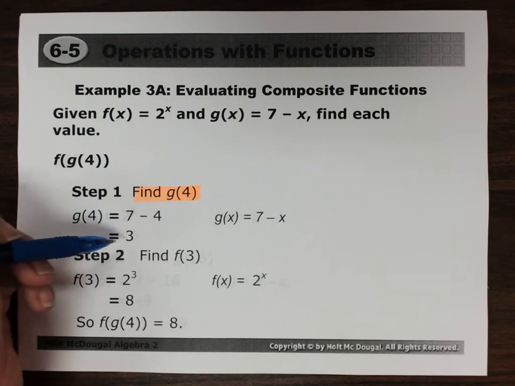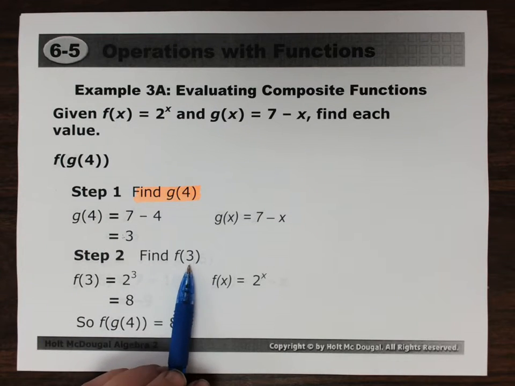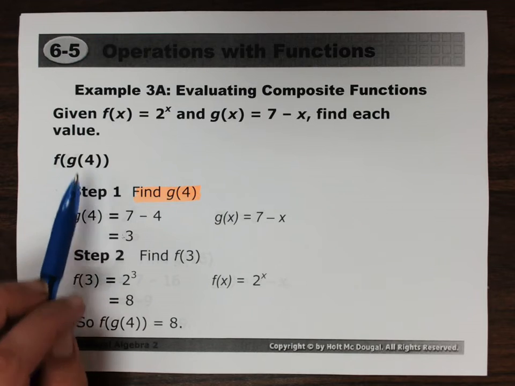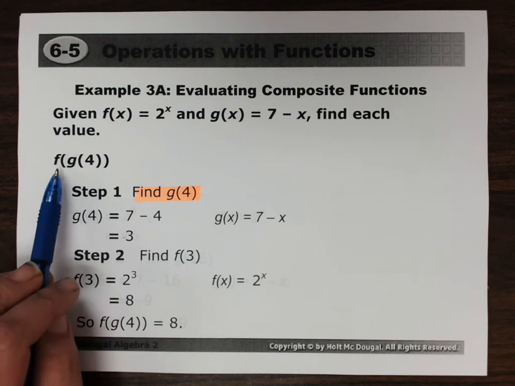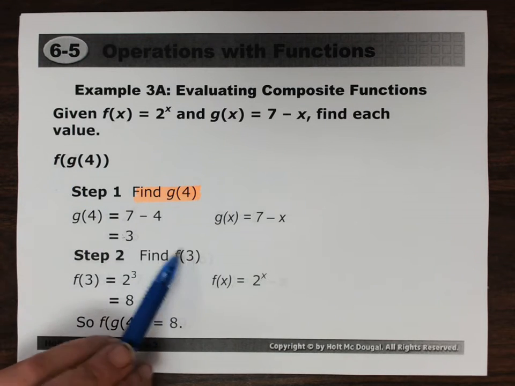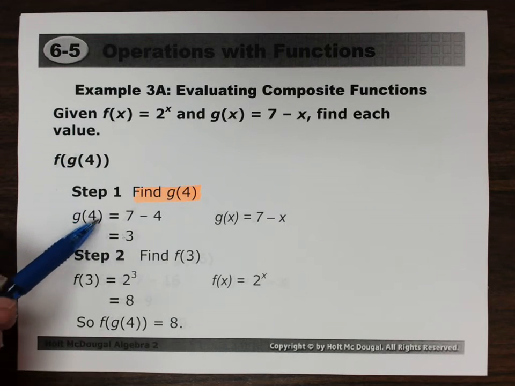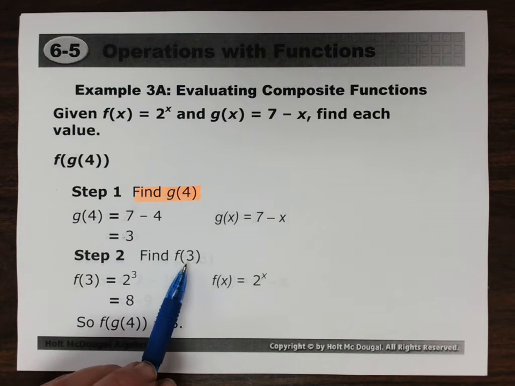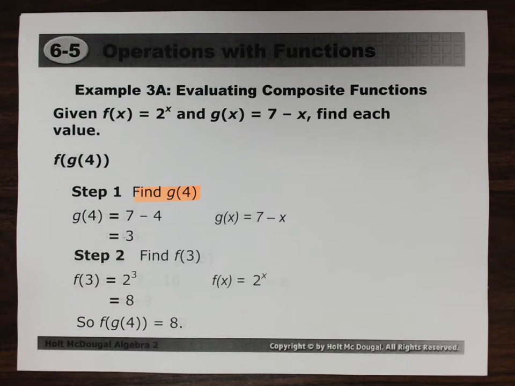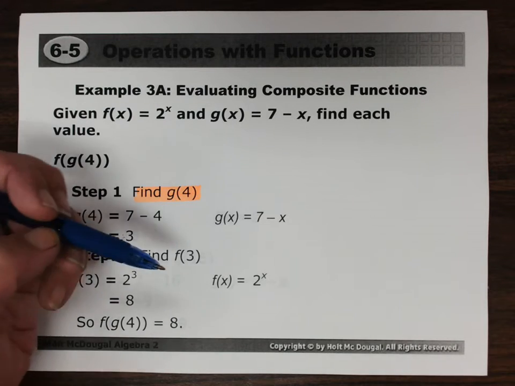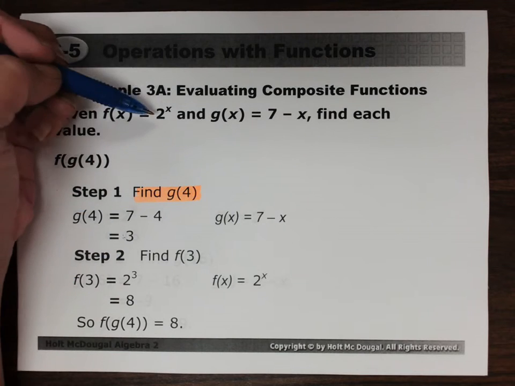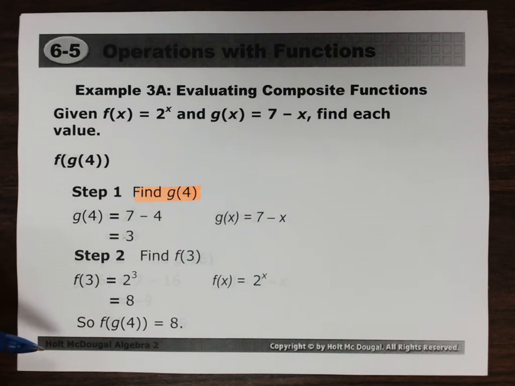Now I want to take this output value and plug it in for f, right? Because I found g of 4, it's 3. And this now becomes f of 3. That's what happens when we go from this step to this: we found this number, it was 3, so let's replace that g of 4 with 3. Now we need to plug in 3 to this equation, 2 to the x.